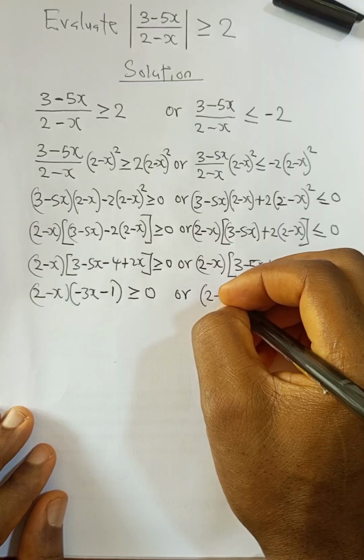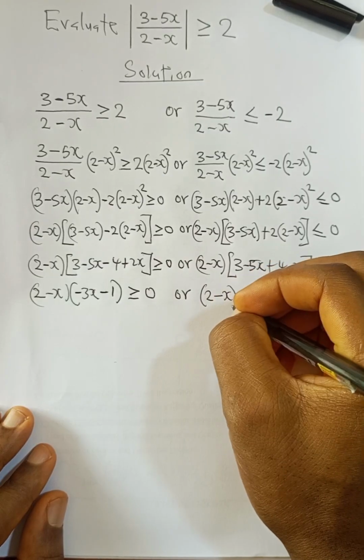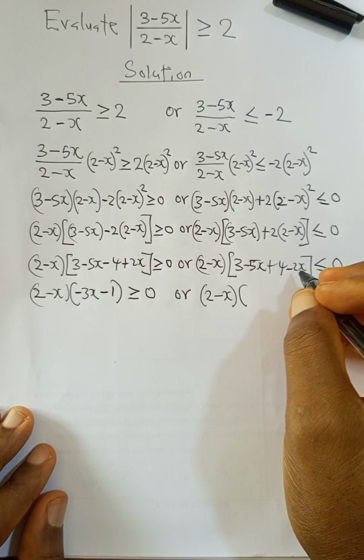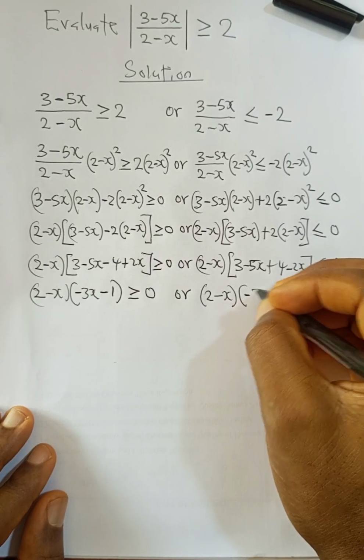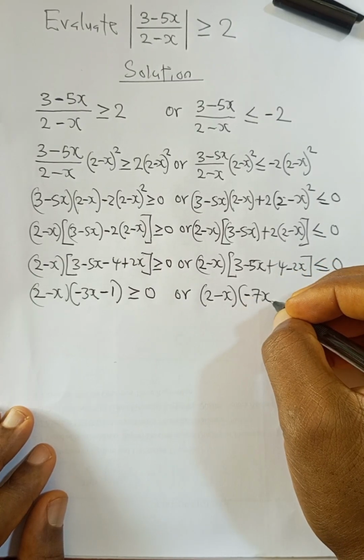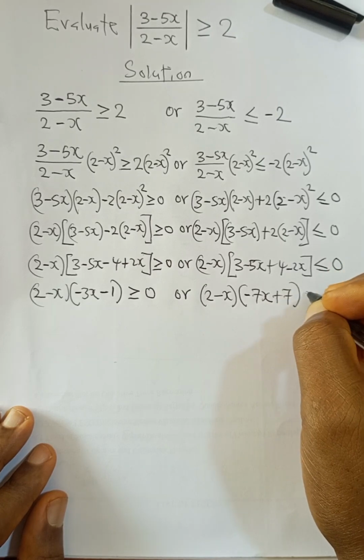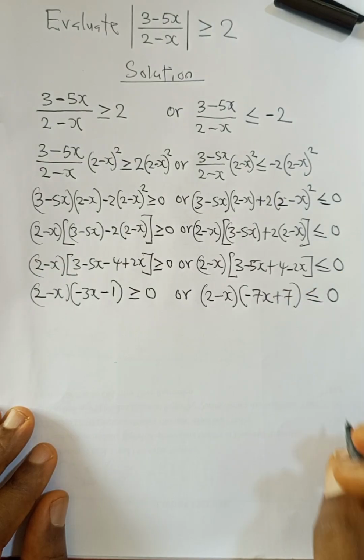That will give us (2 minus x) times (minus 5x minus 2x will give me minus 7x, plus 7) is less than or equal to 0.